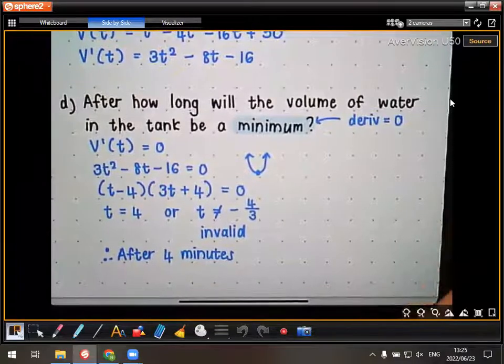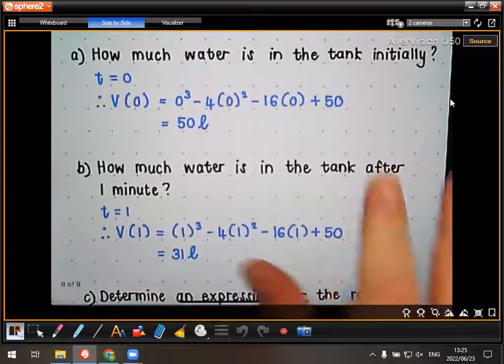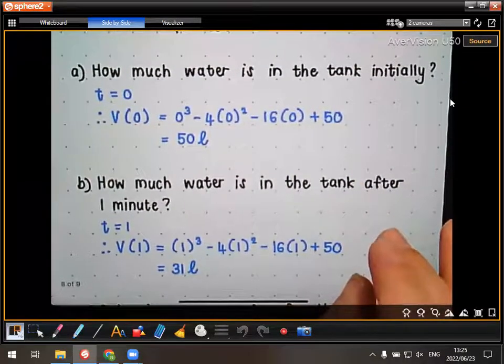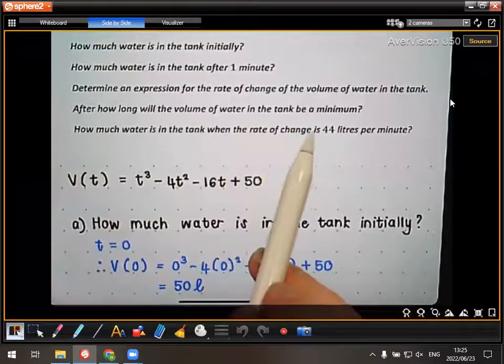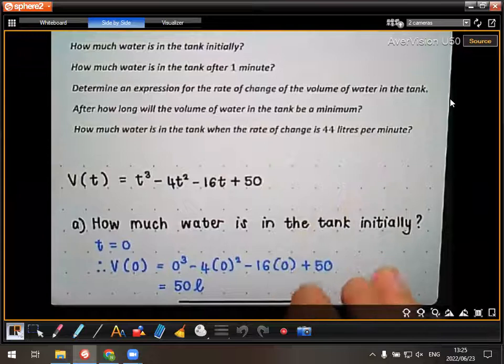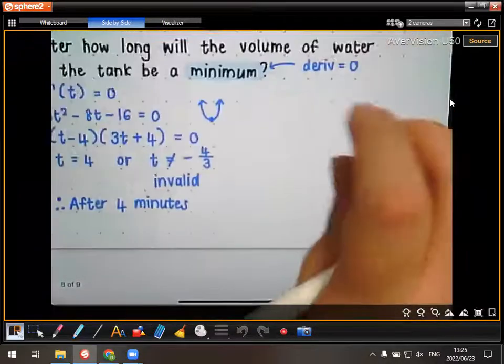Okay, are we fine so far? All right, let me just go back up to see what they're asking in E. How much water is in the tank when the rate of change is 44 liters per minute? Okay, so for E, I'm going to have to do it here next to it.